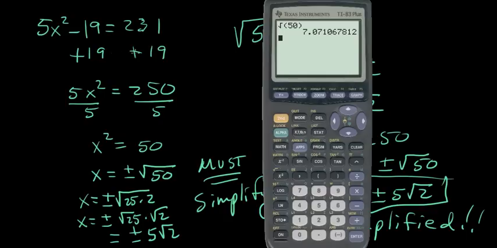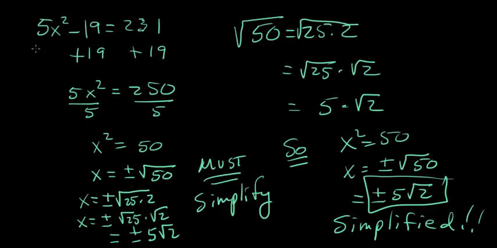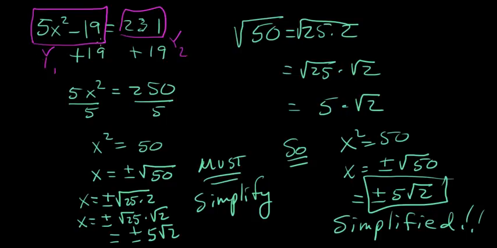Okay? Now look at what we have here, and use a different color here. This is going to be my y1, and you've seen me do stuff like this before. And this is going to be y2, and I'm going to find the intersection of these two. So let's see what we have.